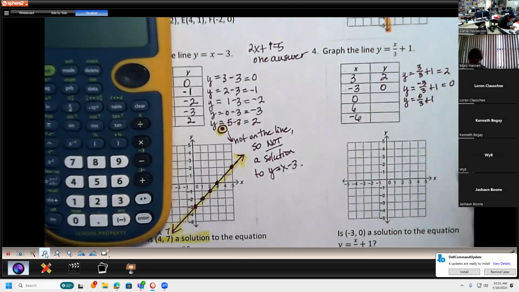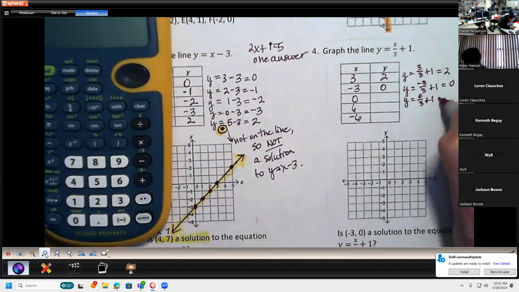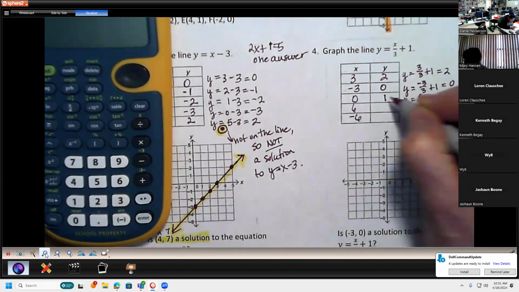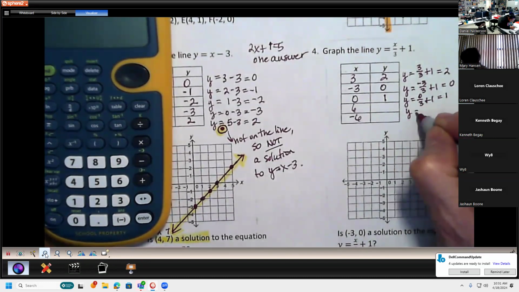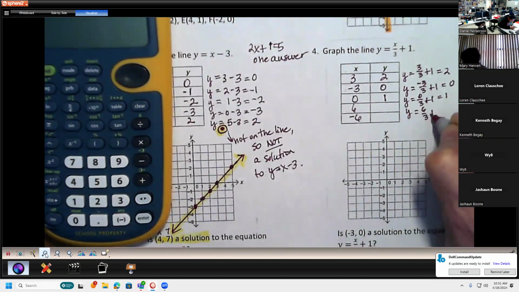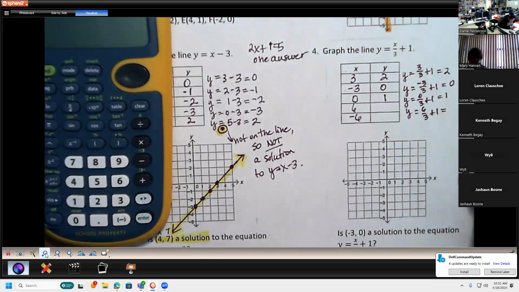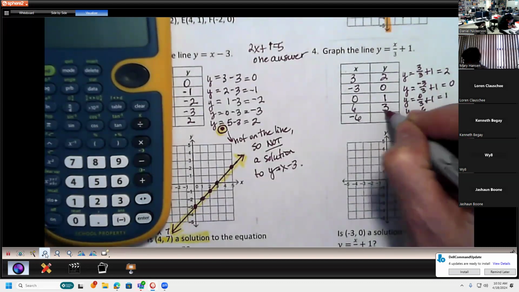If I put 0 in for x, anything, 0 divided by anything is still 0, plus 1 is 1. If I put 6 in for x, it means I do 6 divided by 3, which is 2, plus 1 is 3.